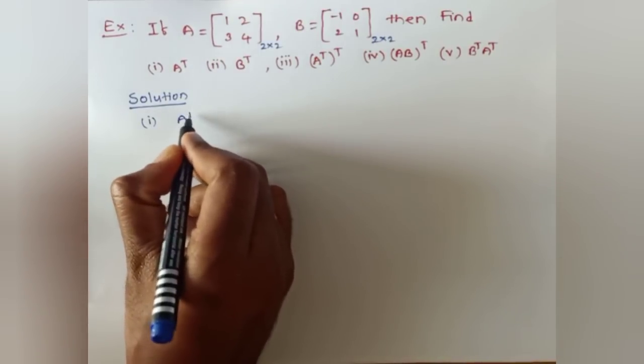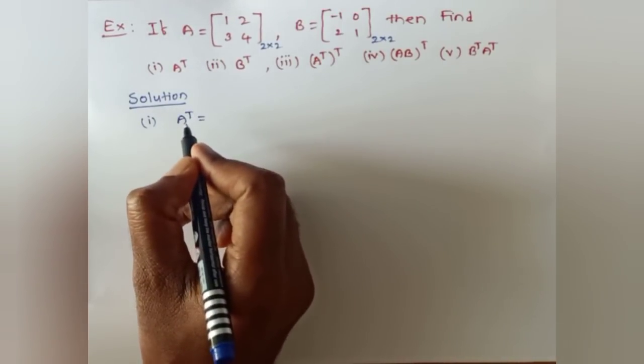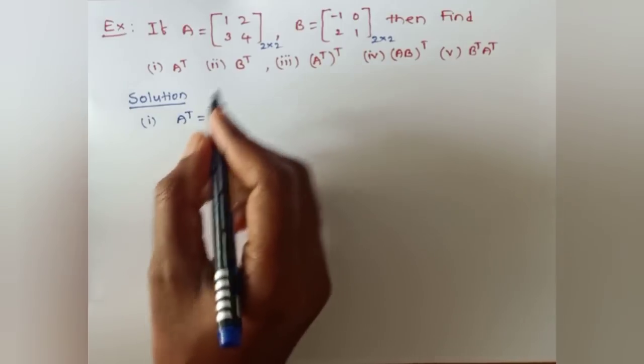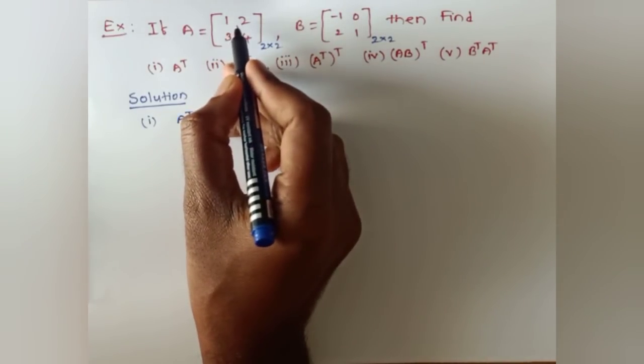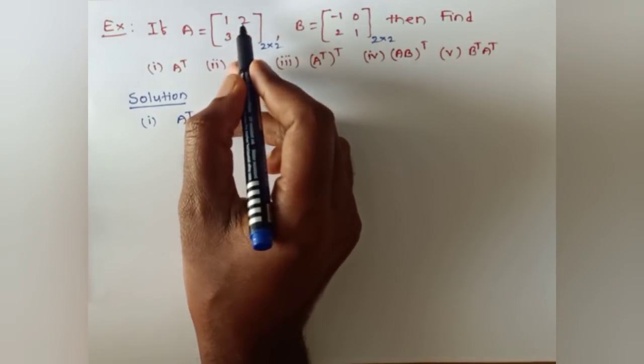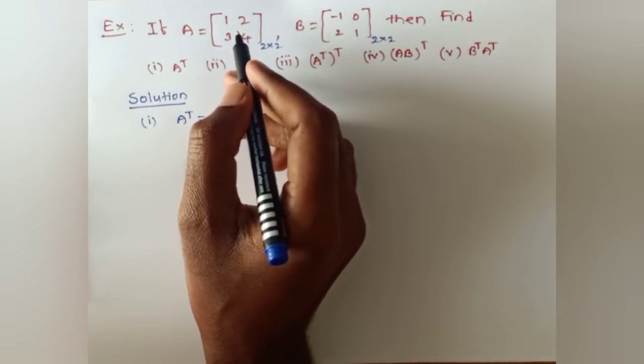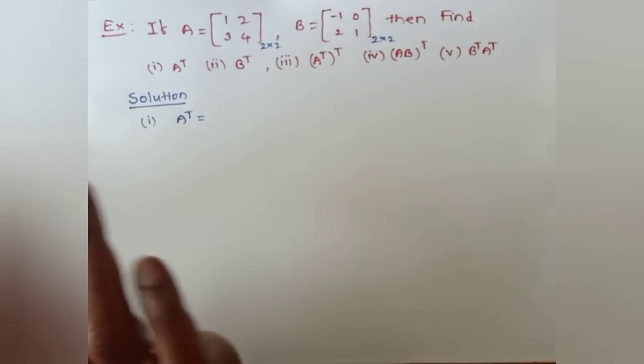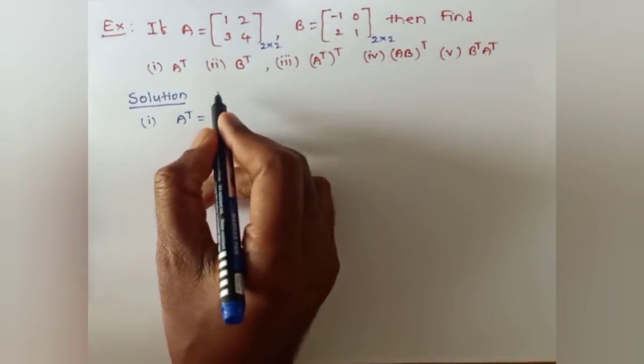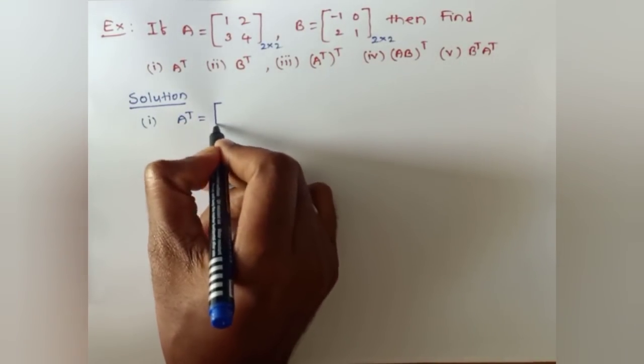A transpose is obtained by interchanging the rows and columns. Just change rows into columns. You can convert rows into columns or columns into rows. That's it.